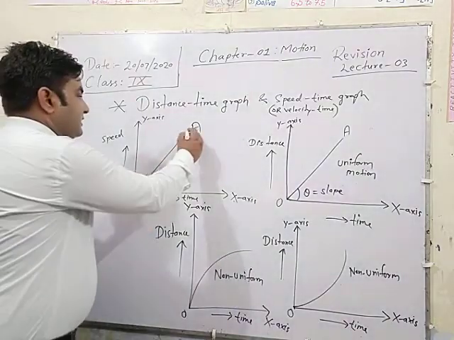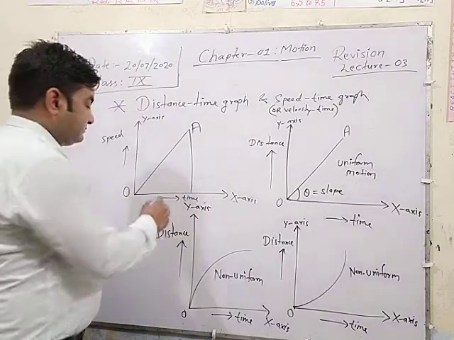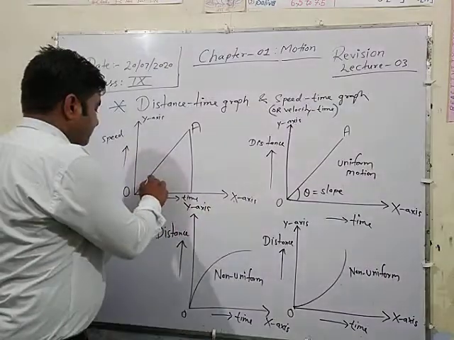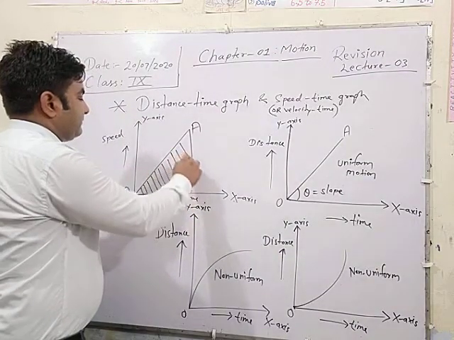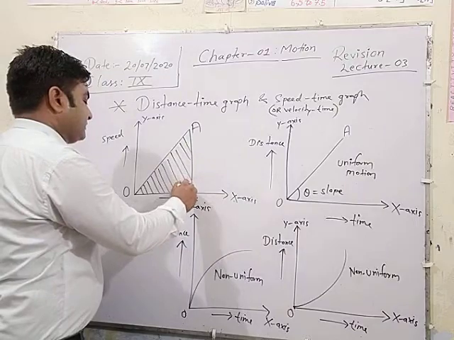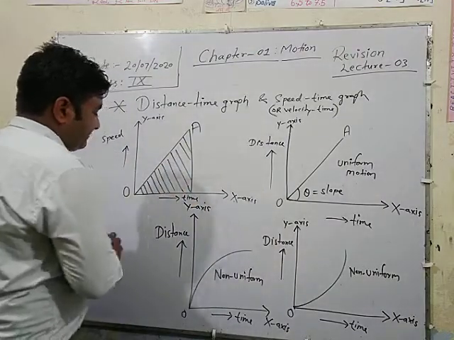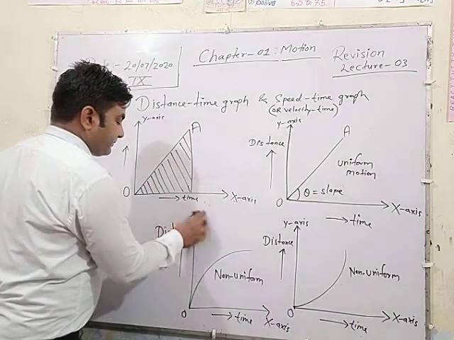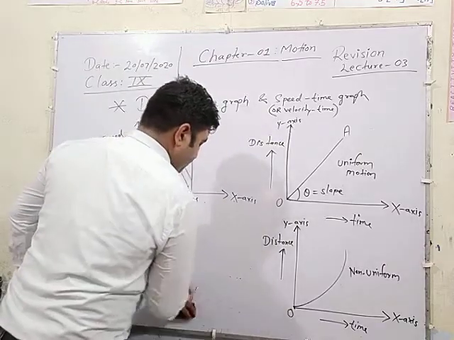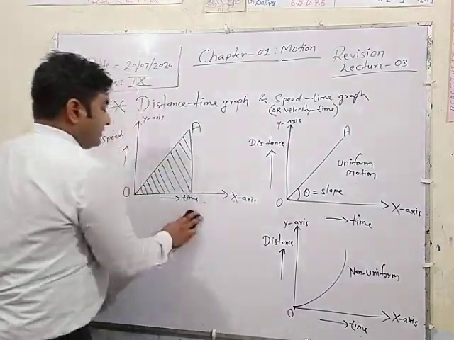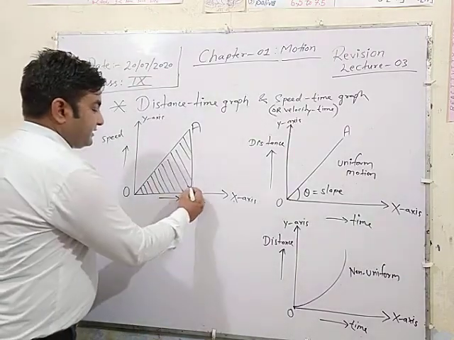Then the area under the speed time graph and bounded by the time axis. This is the graph. And how does the area under the speed time graph represent distance? Just see, very easy concept. Here this is the shape of a triangle, a right angle triangle.